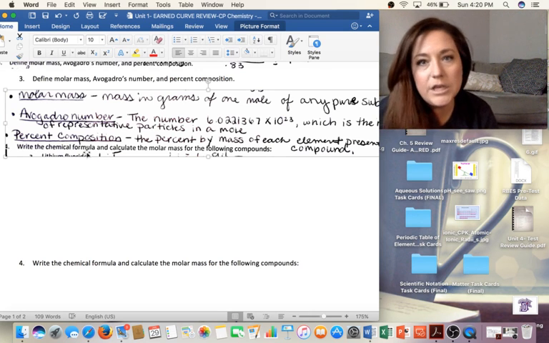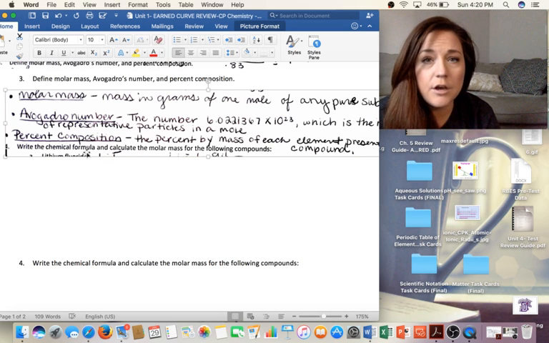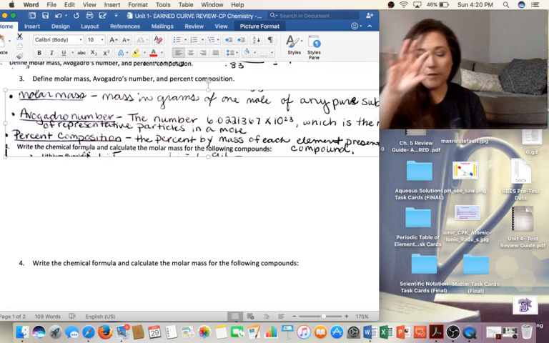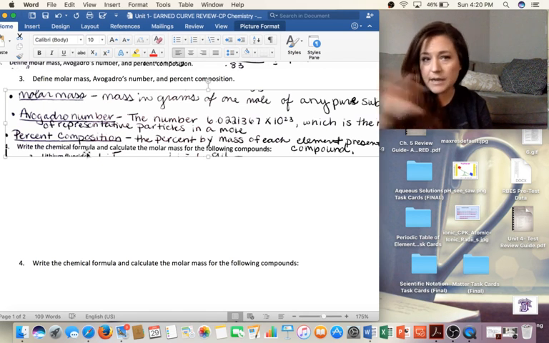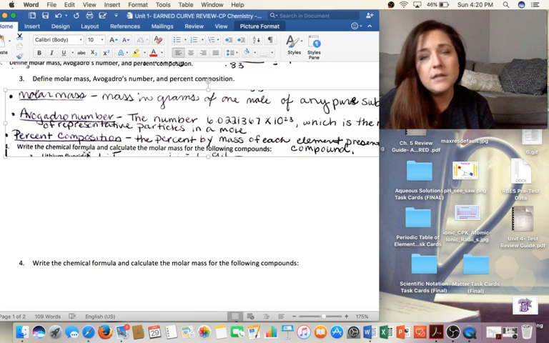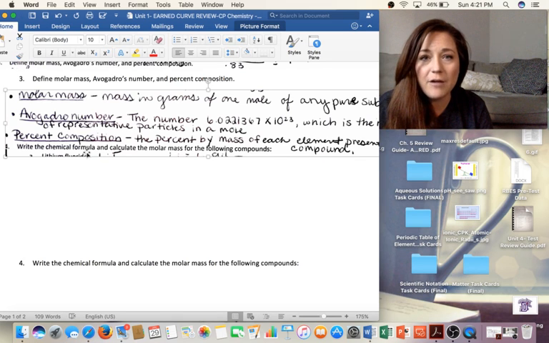The reason why you need to know these definitions is that in the word problems they are going to use them. Find the molar mass. You're going to need to know Avogadro's number. Anytime you are going from a mole to a representative particle, back to a mole, anytime you're going back and forth and converting using the conversion setup to find your unknown, you will need to use Avogadro's number, 6.02 times 10 to the 23rd power.